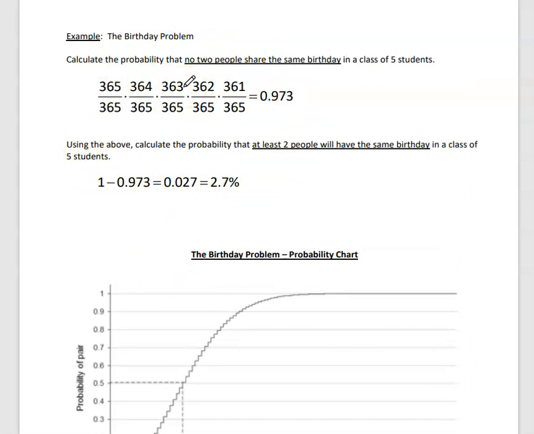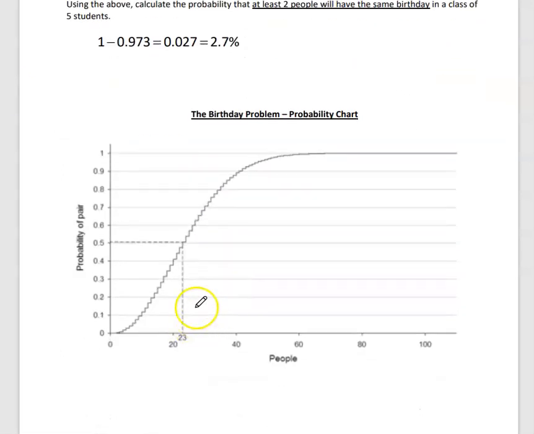You can look it up if you want to learn more about it. Perhaps we can revisit this in Chapter 6, because this is a binomial probability kind of situation. But if you're in a group that just has 23 people, there's a 50% chance that 2 people share a birthday in there. It's kind of an interesting fact from statistics.